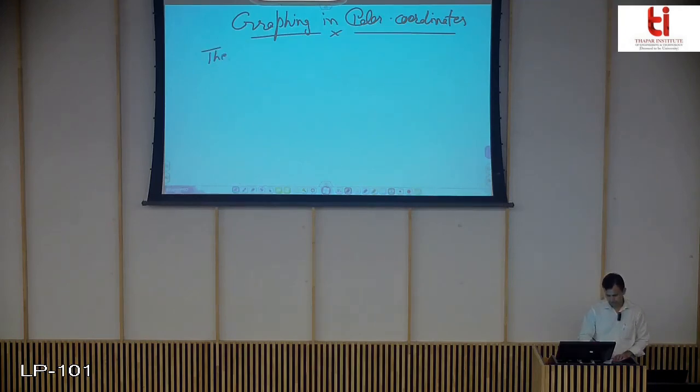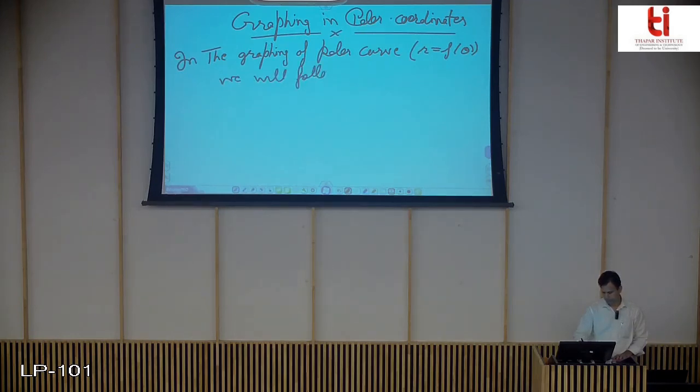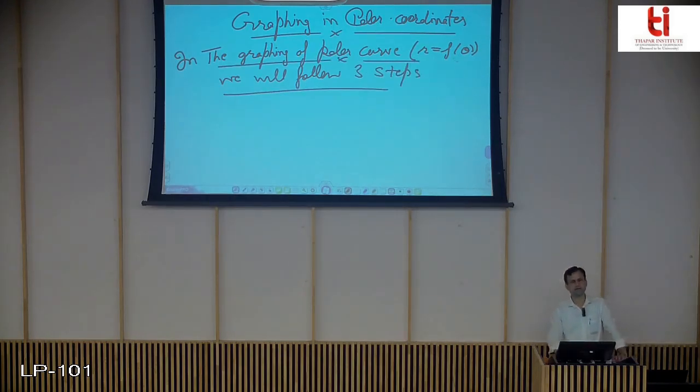The polar curves we are considering here are of the form r equals f(theta). We will usually follow these three steps while sketching the graph of any polar curve r equals f(theta). There are some other strategies also, but we will strictly follow this one, at least for our case.